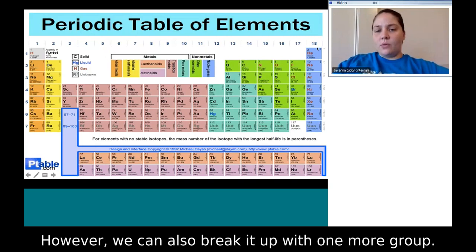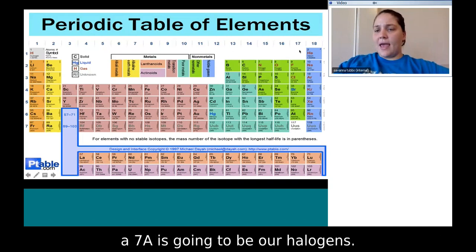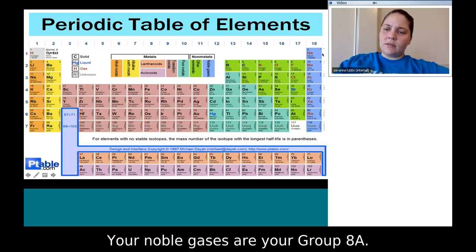However, we can also break it up with one more group. Within our nonmetals, group 17, or you'll see it as 7A, is our halogens. So halogens are your group 7A, and your noble gases are your group 8A.